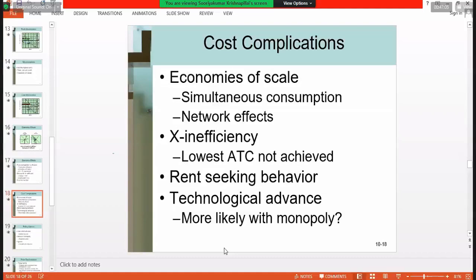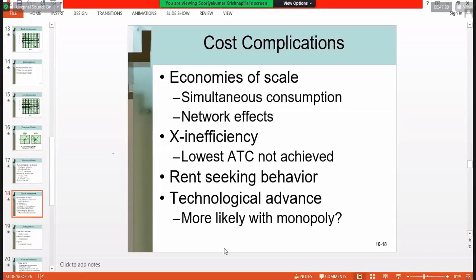And also, to keep that monopoly status, they need to spend money in other ways. So they have to plug others, the barrier.